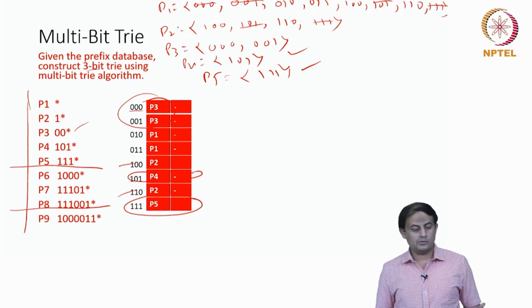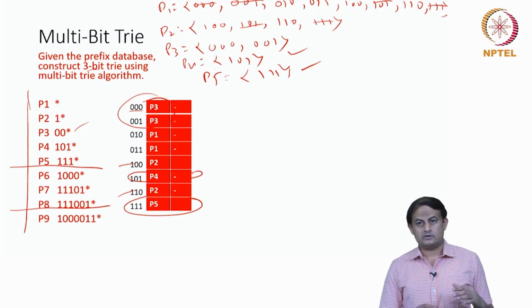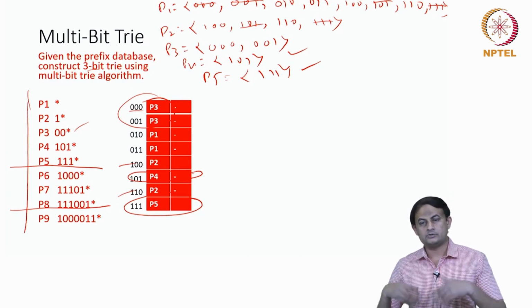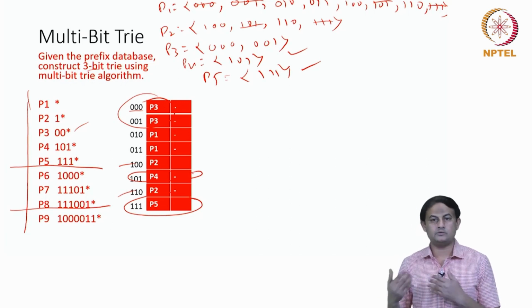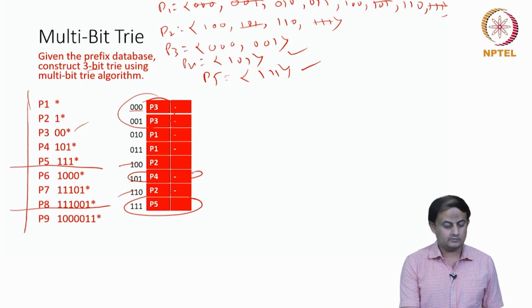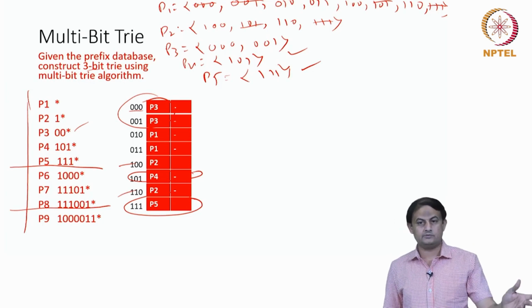And the way to go about it is, look at whether any of the prefixes already entered in the level 1 table are supersets of P6 to P8. And it turns out that P2 is a superset of all 3 of them, P6, P7 and P8, because P2 is 1 star.